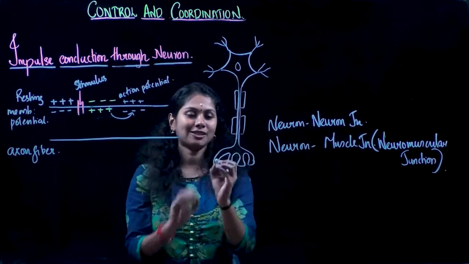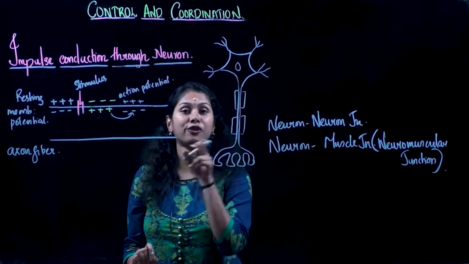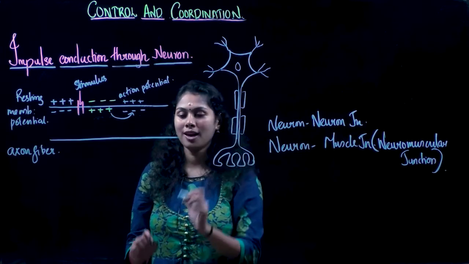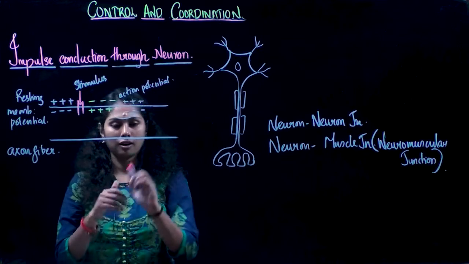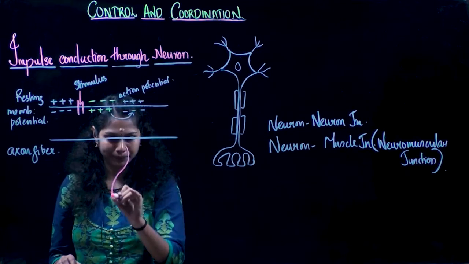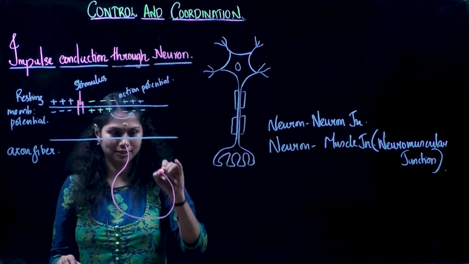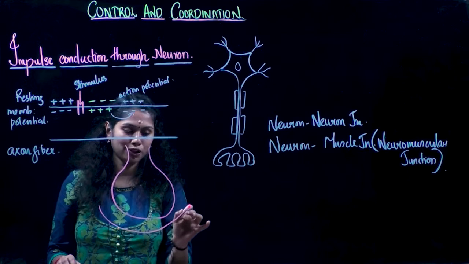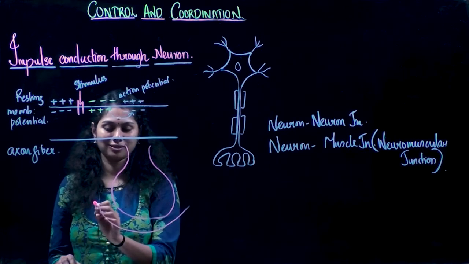At the end, since we know there is a difference in charge and it is transmitted up to the end of this neuron, if we draw that synaptic knob in particular, it will be like this, and there will be the next neuron which I am drawing like this.